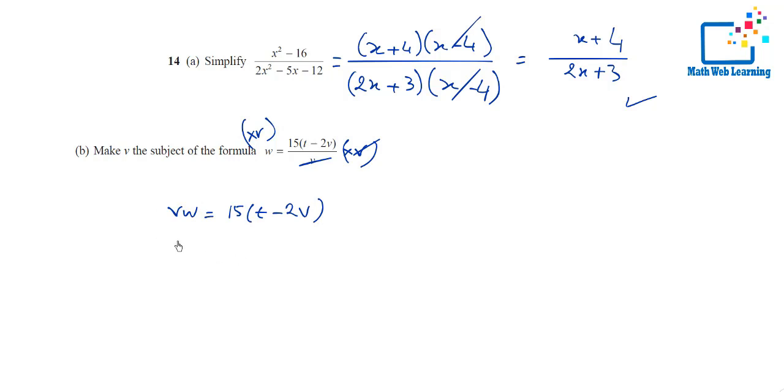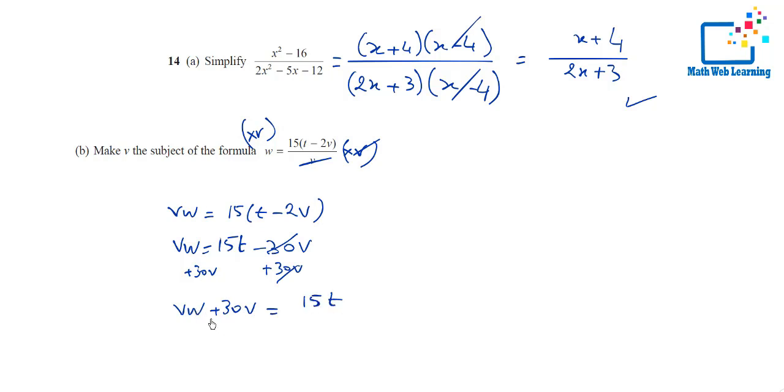Now in this next line coming up, I will expand. So that gives me 15t minus 30v. Now I need to add 30v to both sides, because I want to eliminate the v and make it join to the other v there. So that gives me vw plus 30v is equal to 15t.